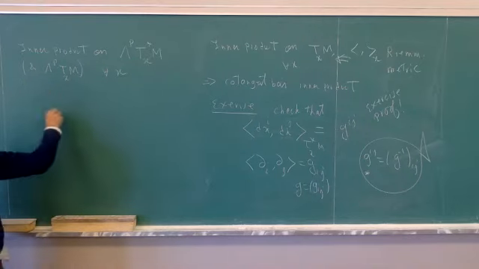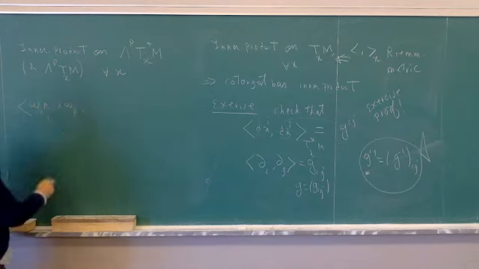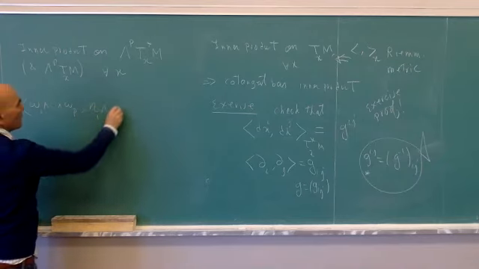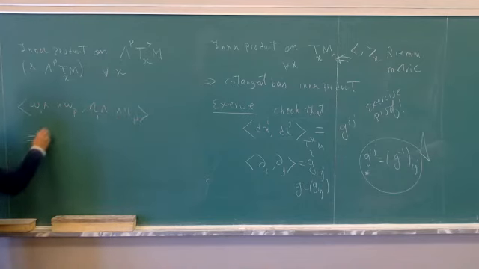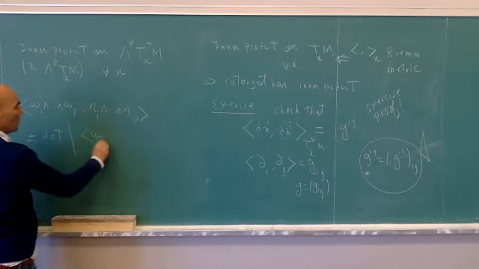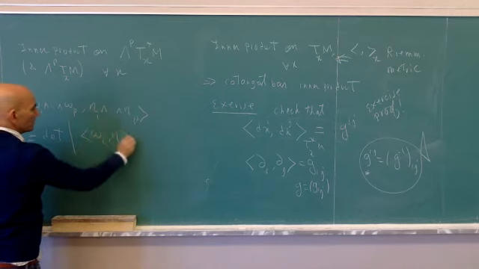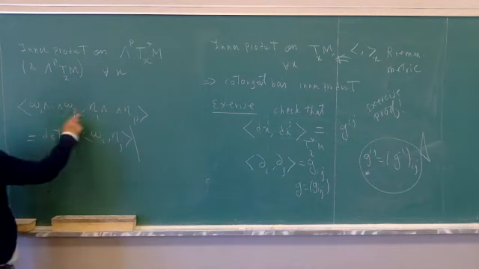So what is it? If you want to take, say, omega_1 wedge ... wedge omega_p, a p-form, and eta_1 wedge ... wedge eta_p, by definition this is equal to the determinant of this matrix, the inner products of omega_i with eta_j.